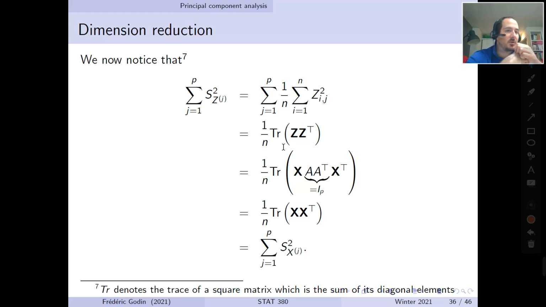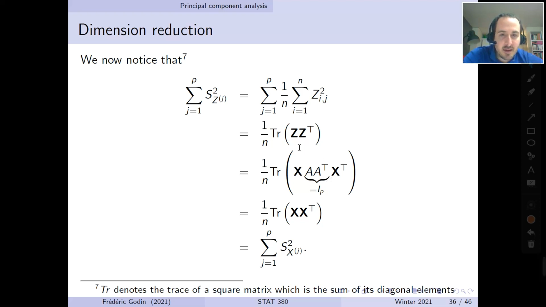The trace of a matrix A is the sum of all elements on the diagonal of a matrix A. It's possible to show that the sum of all squared elements of some matrix Z is basically the trace of Z transpose Z. Recall that Z is XA, so Z transpose is A transpose X transpose.